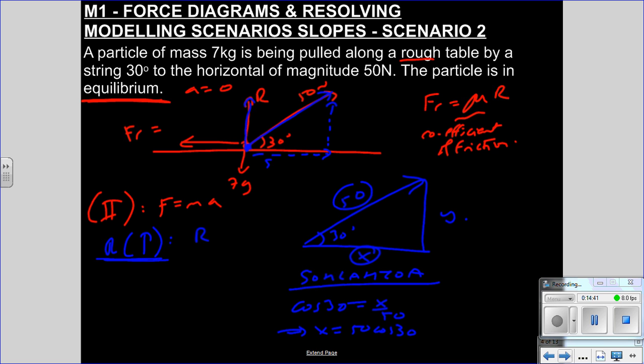So this is 50 cos 30. We know that for y, sine 30 equals y over 50. So therefore y would equal 50 sine 30. Okay? So notice what's called component. So these dotted lines are called components of the force.